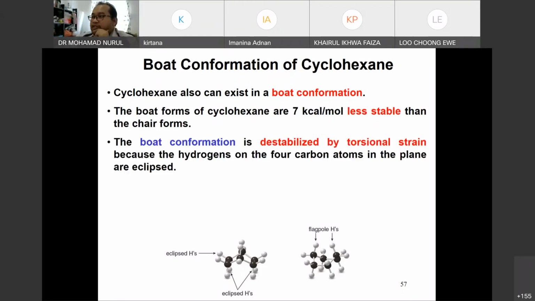But the boat conformation is destabilized by torsional strain because the hydrogens of 4 carbon atoms are placed eclipsed. Because we know everything prefers to form staggered. You have to go back to the first statement here.